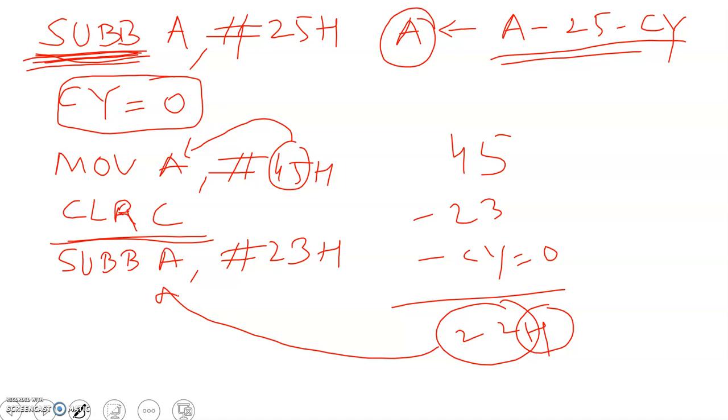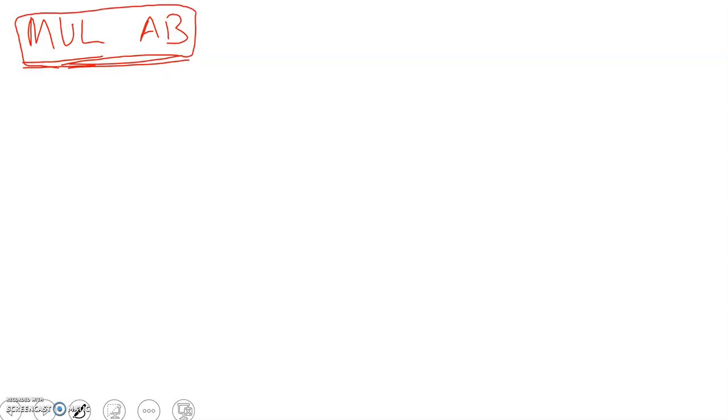So let us now take another instruction which is quite important, which is multiplication, MUL. Multiplication has the syntax MUL AB. This is the syntax of the multiplication instruction.